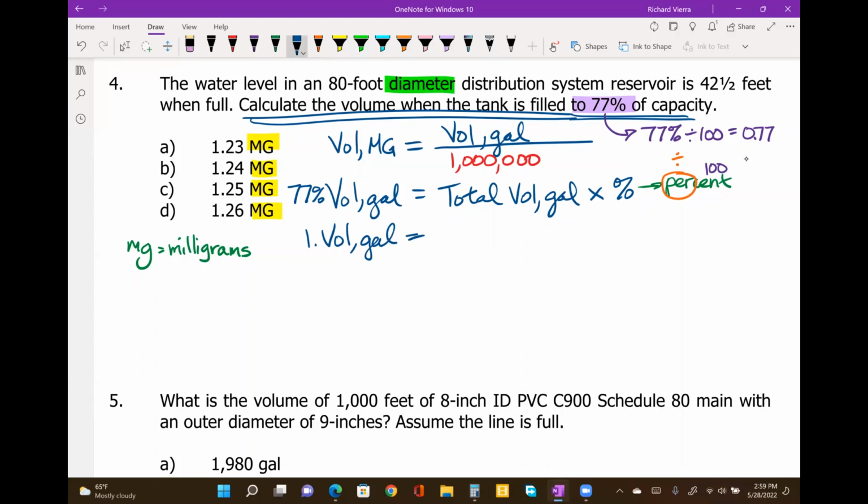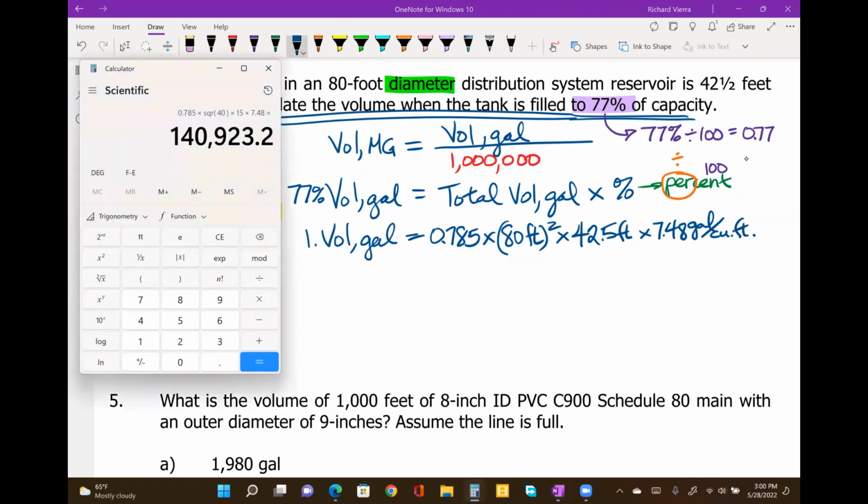So the total volume that the tank will hold when it's full: 0.785 times, in this case, we have an 80-foot diameter that we're going to square, times, when it's full, it has 42.5 feet of water in it, and then times 7.48 to turn it all into gallons.